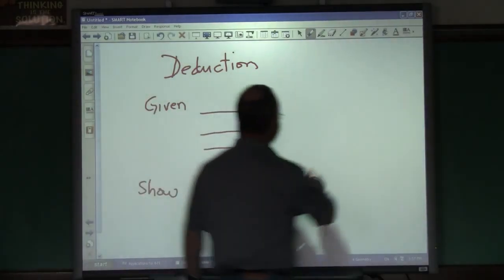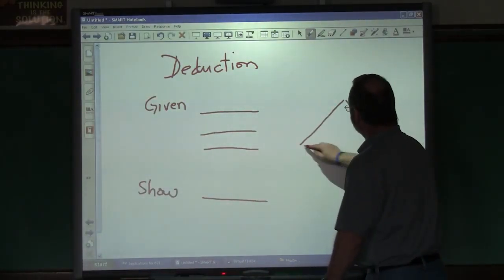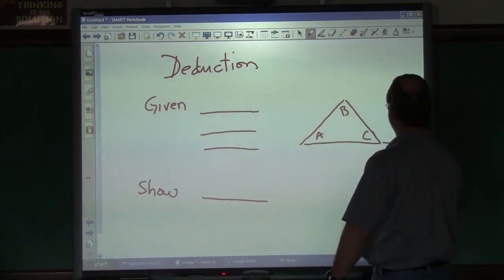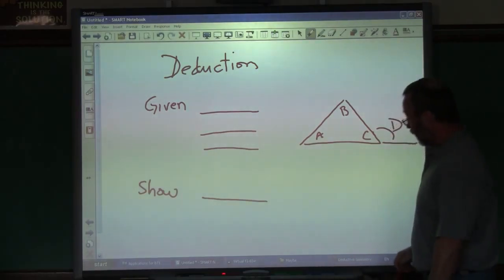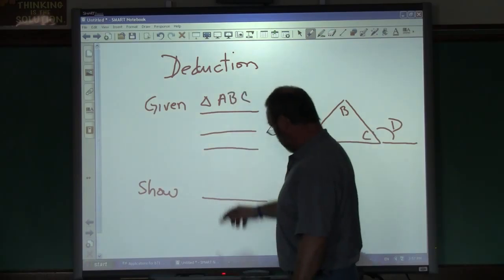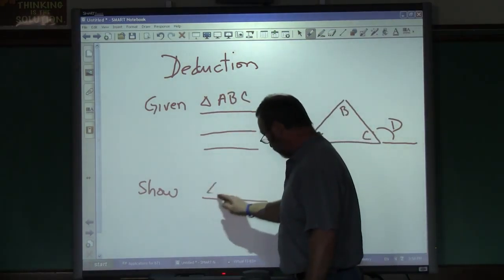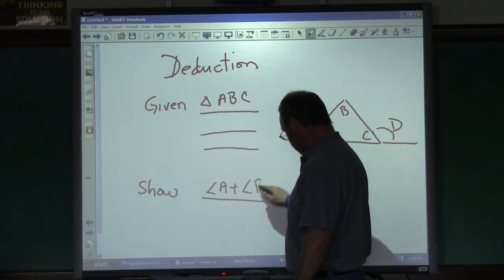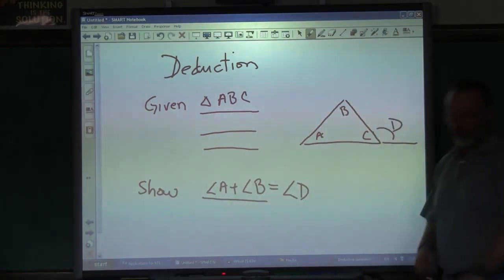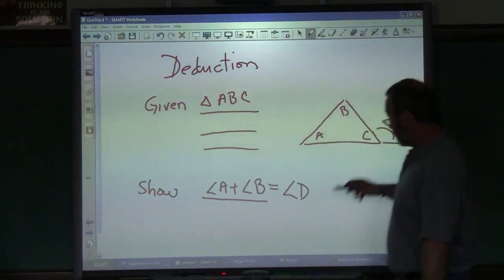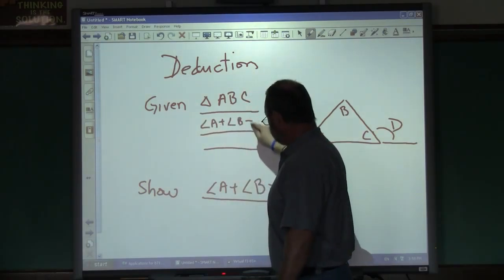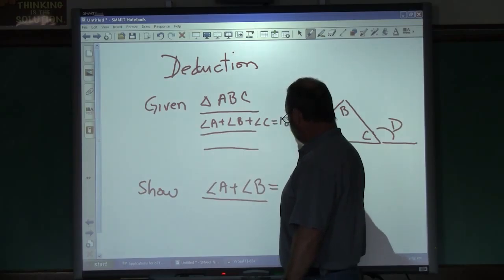So, for instance, if you had triangle ABC here, and I've got angle D out here, you might be given triangle ABC, and you wanted to show that angle A plus angle B is equal to angle D. And how you went about doing that was by saying, well, angle A plus angle B plus angle C is equal to 180.